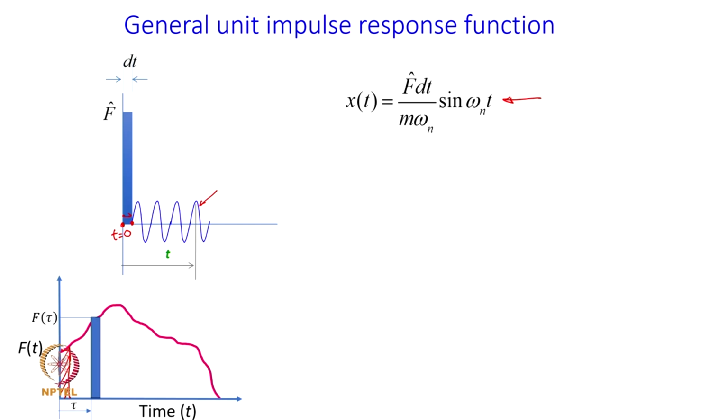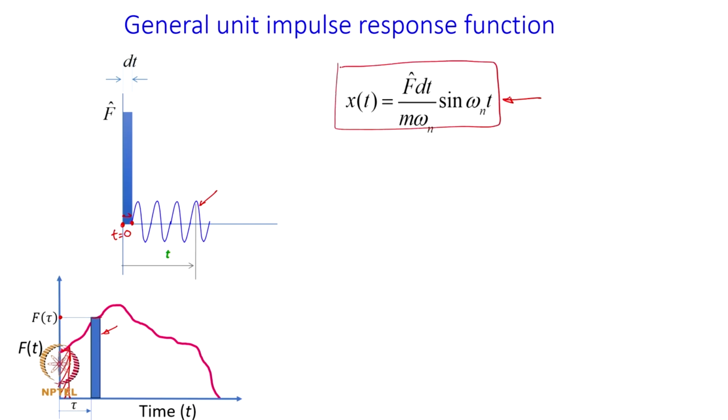For example, after some initial impulses, if we are focusing on this particular impulse which is happening after tau period of time, the impulse here has a force value of F at tau, and if this impulse is to be considered for the response of the system, then this equation as it is cannot be valid.